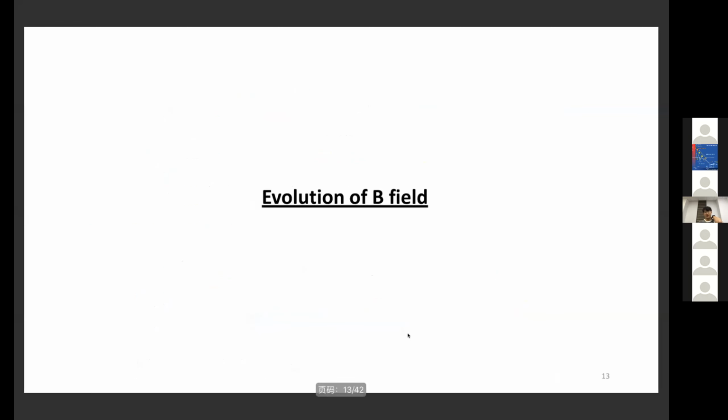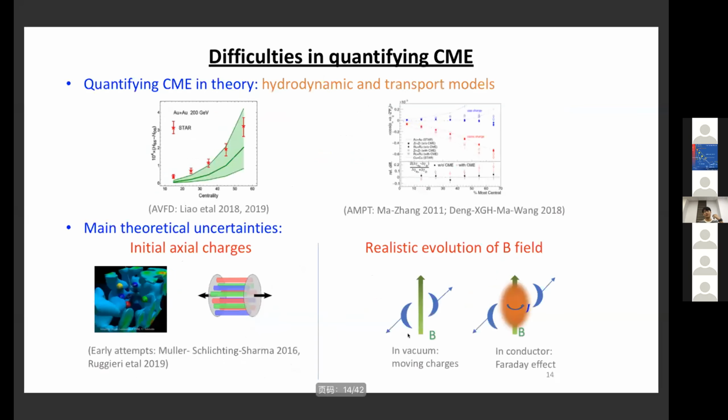From the theoretical point of view, we need to quantify how the CME is generated in the heavy-ion collision and how this CME is finally transferred into the observables. So we need to quantify the CME in theory. In this case, we basically have two available theoretical tools.